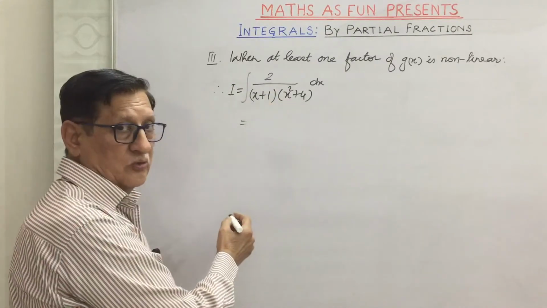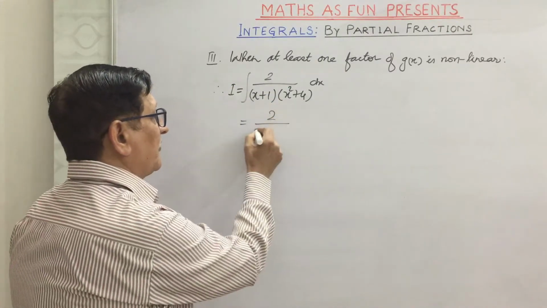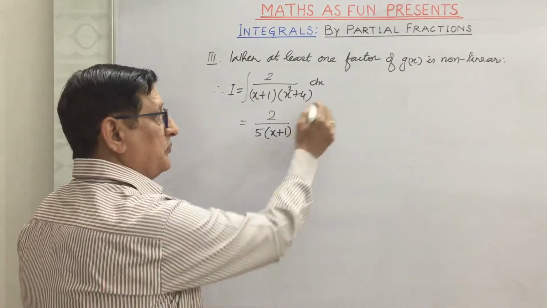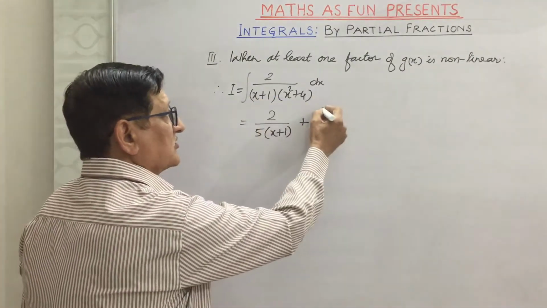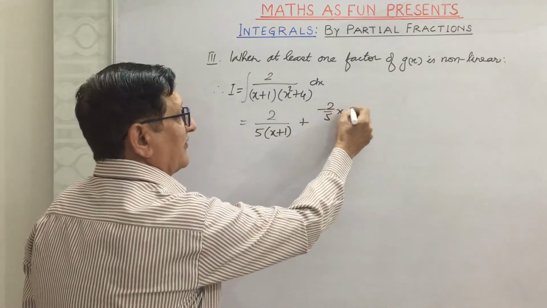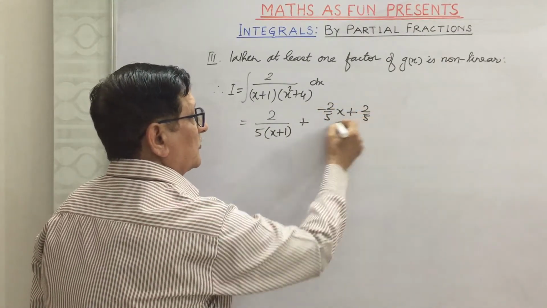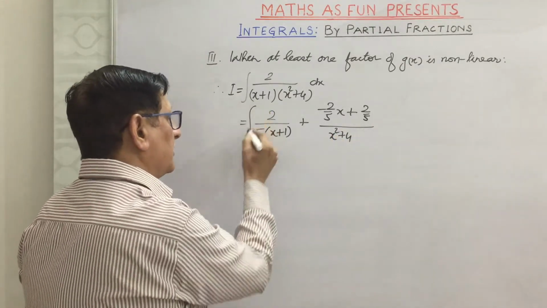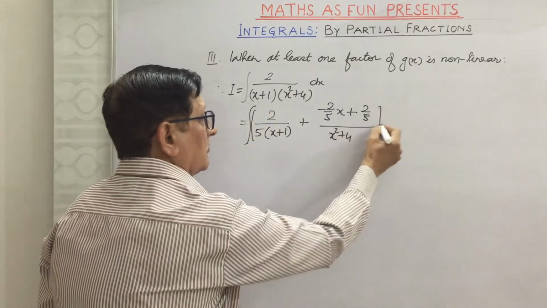After finding the values of a, b and c, we can write therefore I is equal to the integral of a upon x plus 1, that is 2 upon 5 into x plus 1, plus bx plus c, b is minus 2 upon 5x plus c is 2 upon 5 upon x square plus 4.